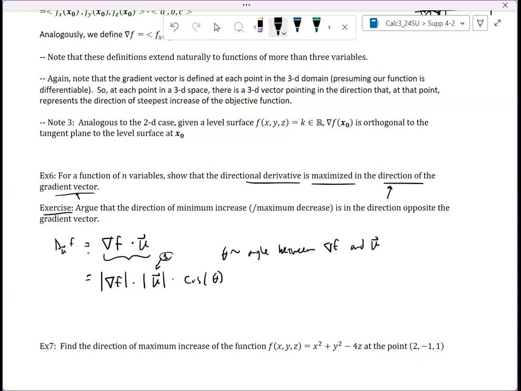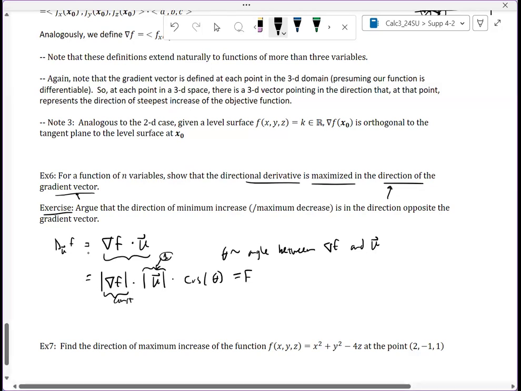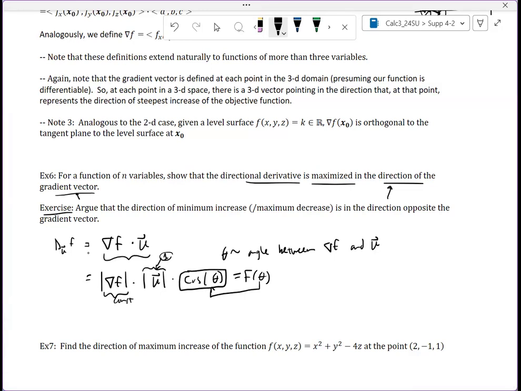For a given point x naught, y naught, z naught, grad f is constant. Length of u is 1, it's constant. So this is just a function of theta, and the only place that theta comes into play is this cosine of theta. Note, of course, that both of these lengths are non-negative.